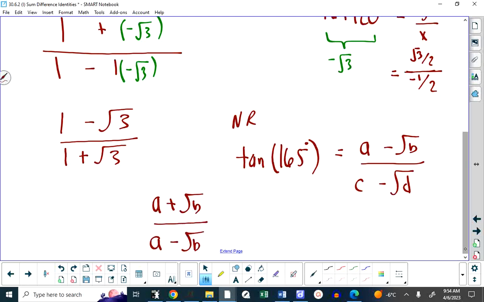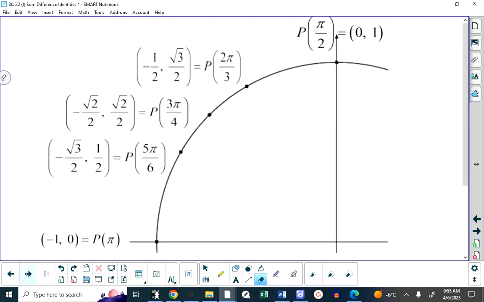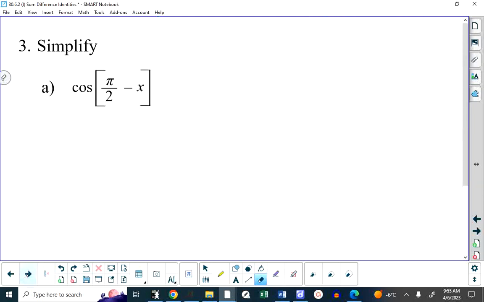You might see that and just ask for A and B. I'm going to put A, B, C, and D there just to remind you that they don't all have to be different numbers. Your answer here would be 1, 3, 1, 3. Any questions with either of those? All right, we have a couple more before we turn the page.